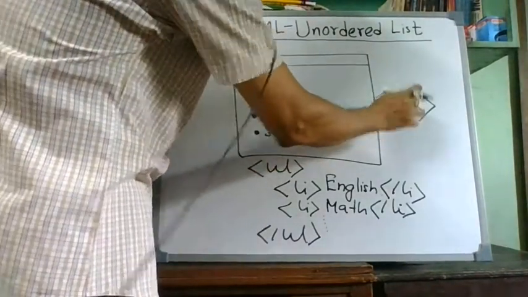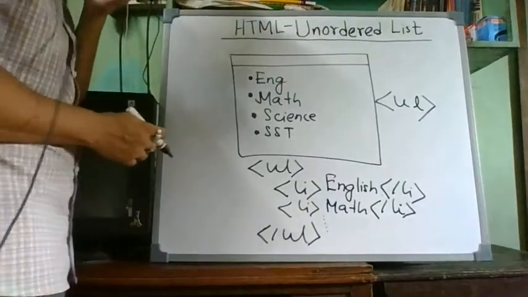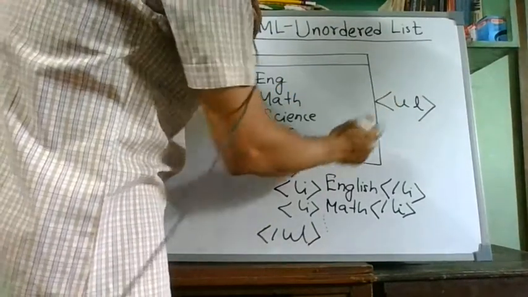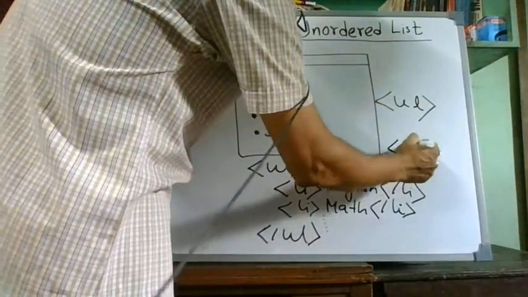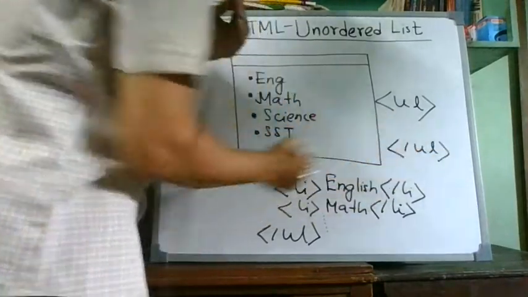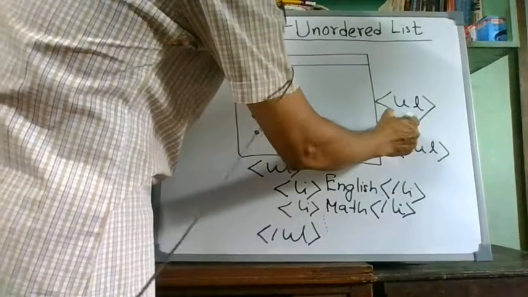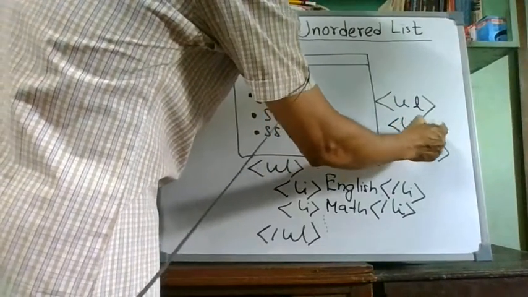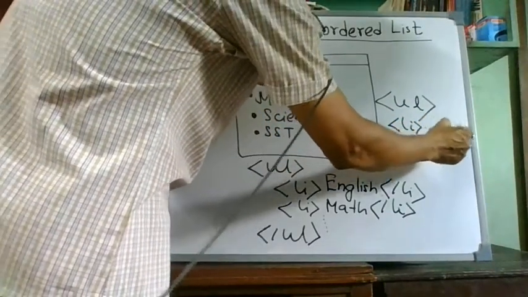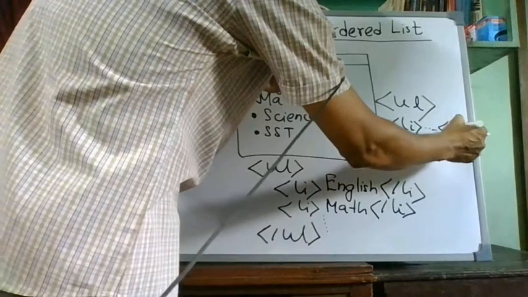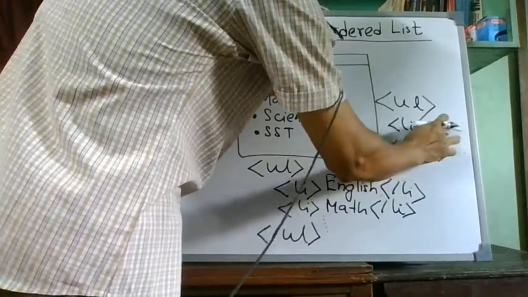UL tag is a container tag. It has a starting UL tag and an ending UL tag. Between the UL tags, we use the li tag, or list item tag, to add items of the list.